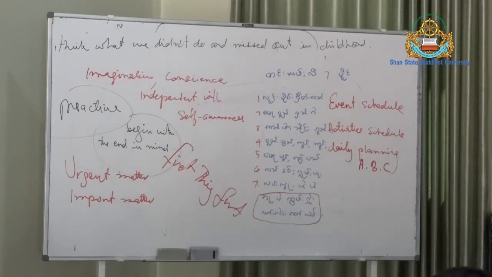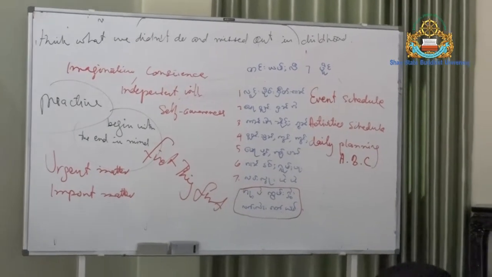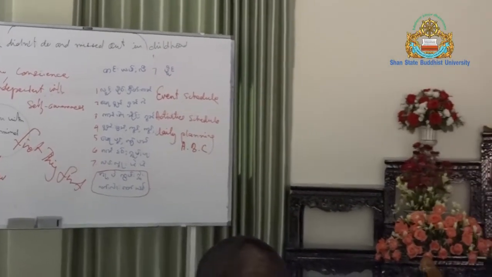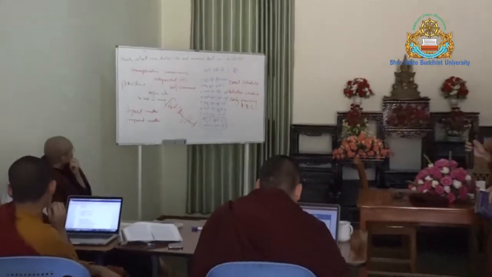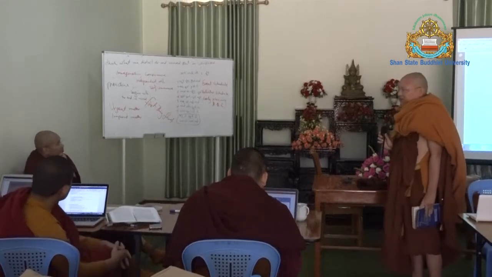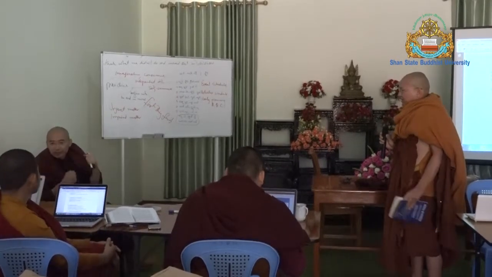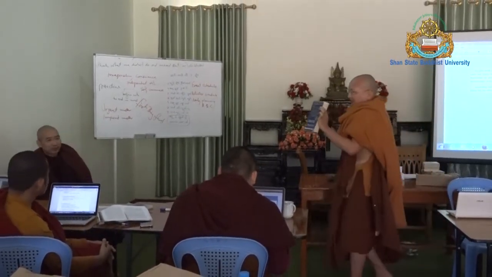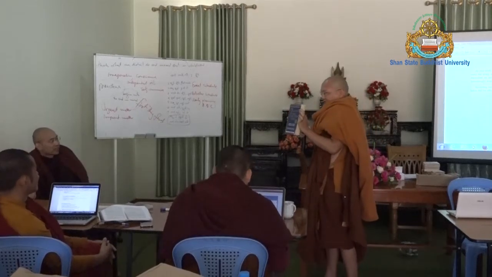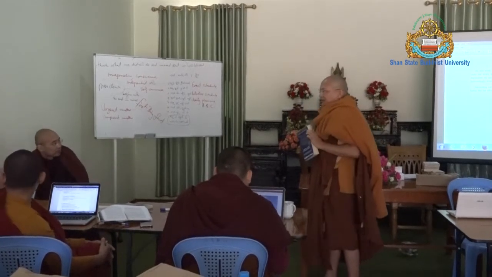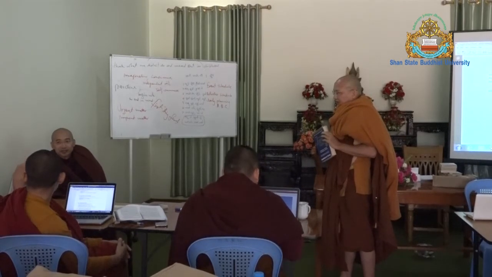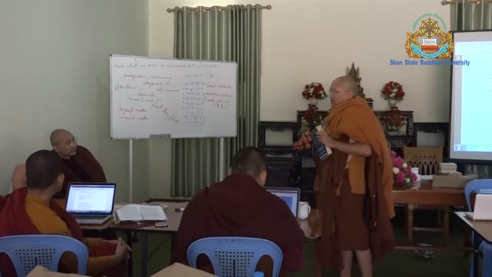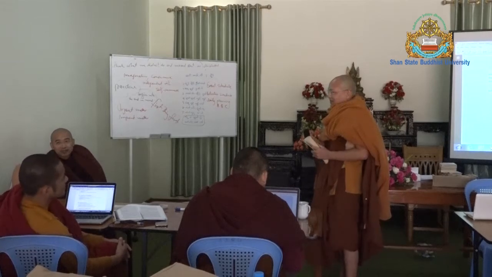I have one question. You say the 7 habits of what is it? 7 Habits of Highly Effective People. Before the introduction, you also said something like Aparihaniya Dhamma in the Tripitaka.